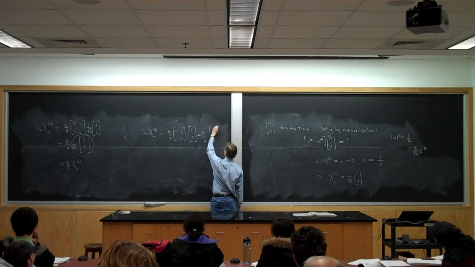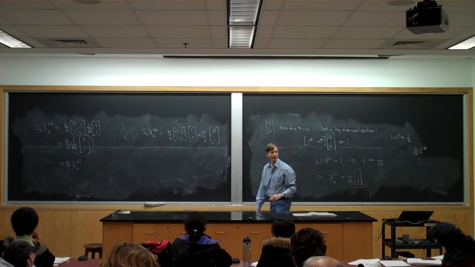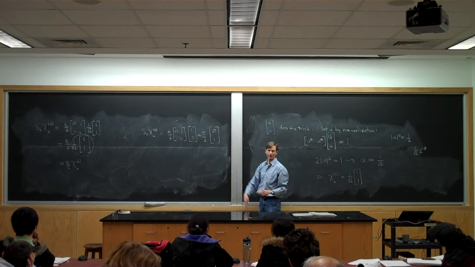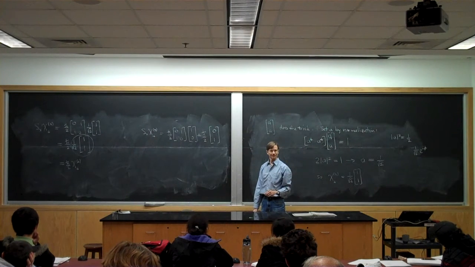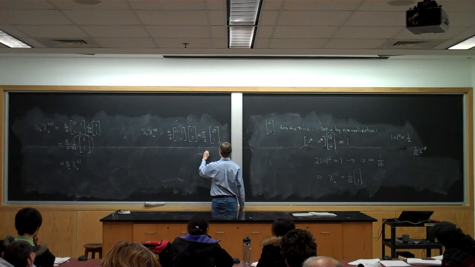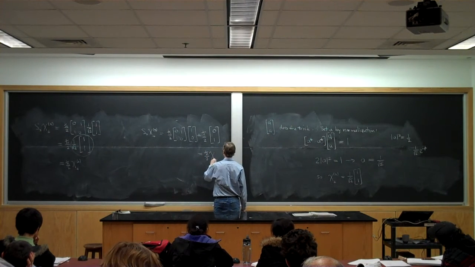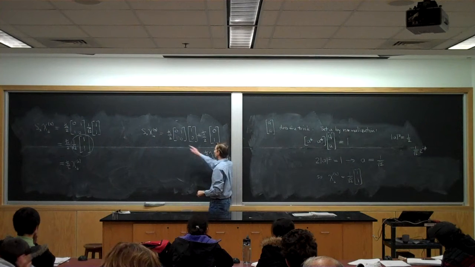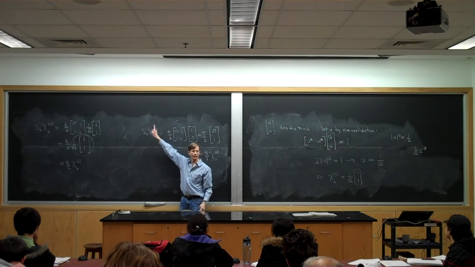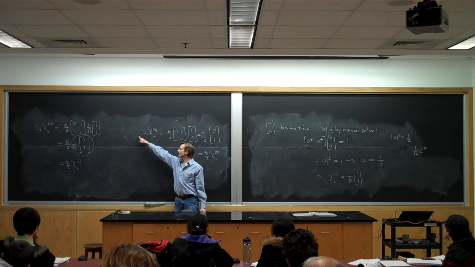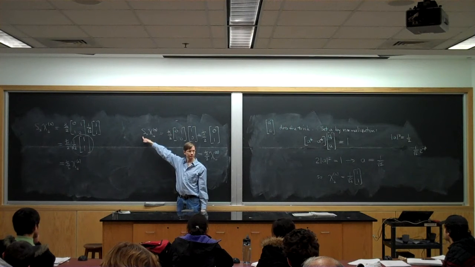I get 0, 1. What's 0, 1? Chi minus, so I get h bar over 2 chi minus in the z direction. So is chi plus in the z direction an eigenvector of the Sx operator?